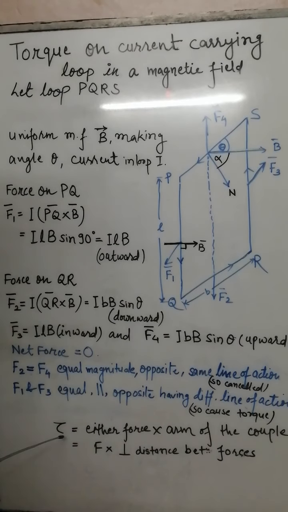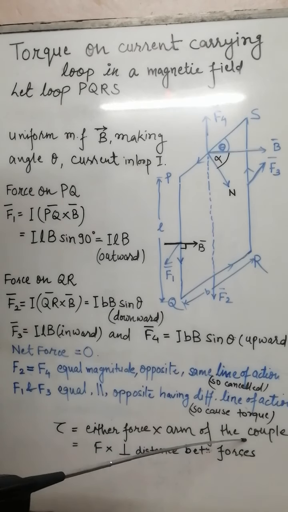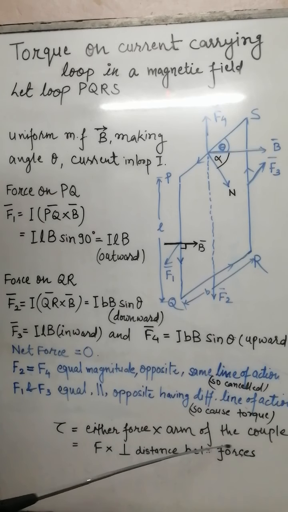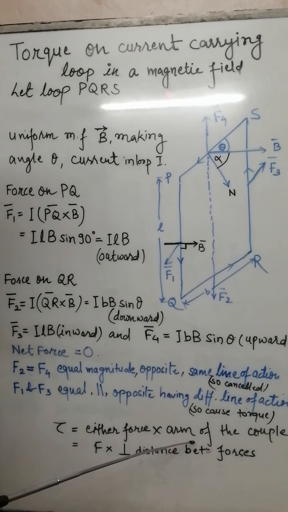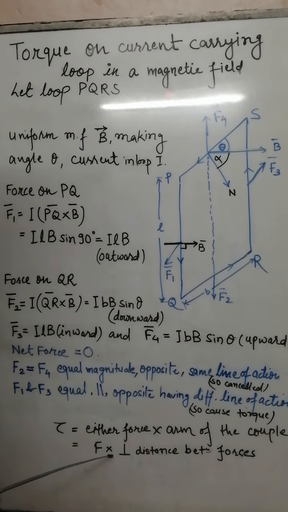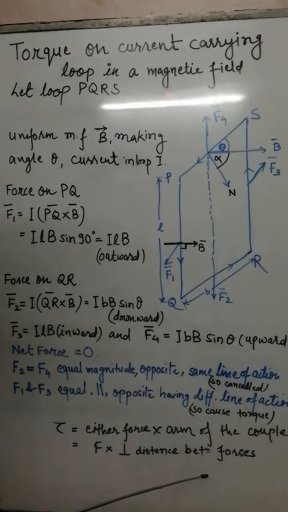Okay, and we know that torque denoted by tau is given by either of the force and arm of the couple. If two equal and opposite forces act, tau is given by either of the force, F, into the perpendicular distance between the two forces.